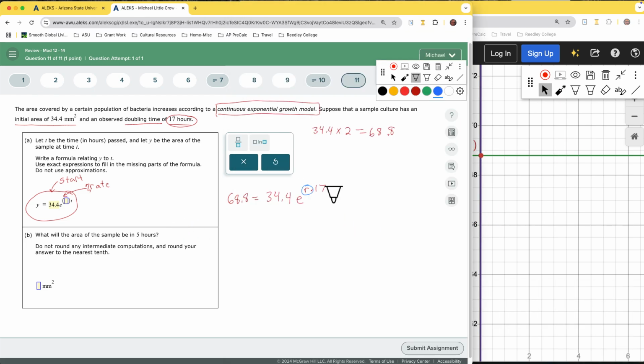First thing we're going to do is isolate the exponential part, so we'll divide both sides by 34.4. Don't be too surprised, we should get that 68.8 divided by 34.4 is 2. Once we do this, it kind of naturally happens. I'm going to write this as 17r.